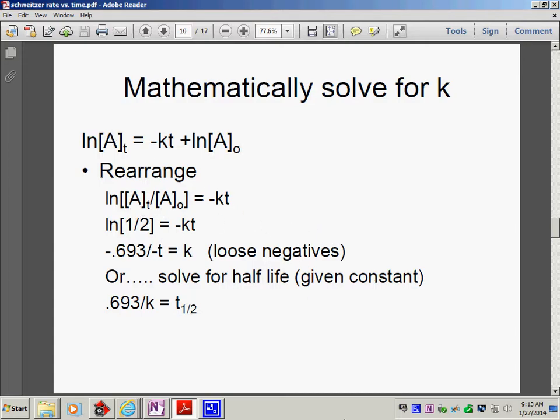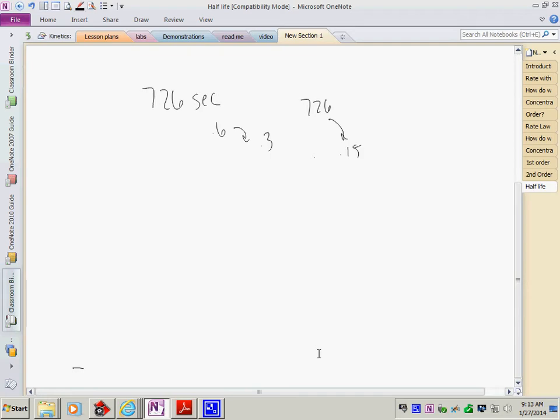Now, for a first order, okay, now this is important. I'm going to rewrite this thing on this other page here. So it is going to be the natural log of essentially one. Let's see what we got here.